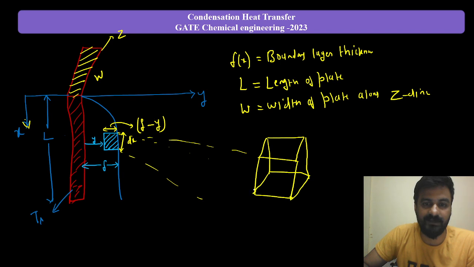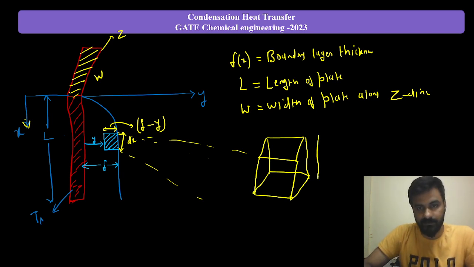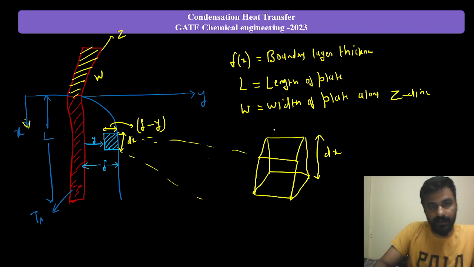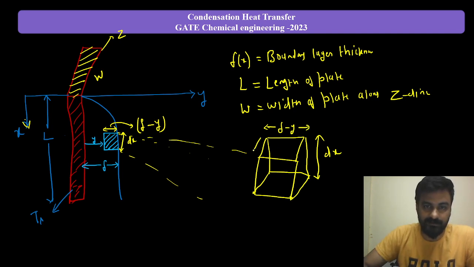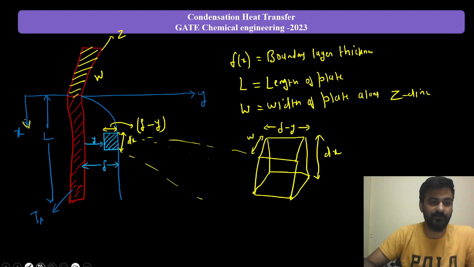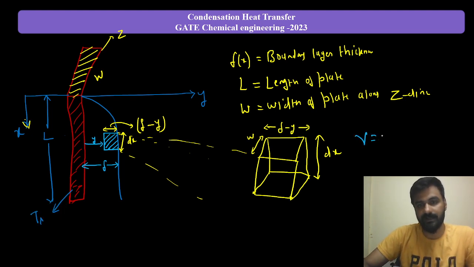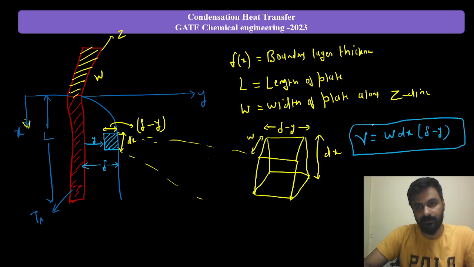The figure is not exact, but try to understand one thing. My dear students, this length is dx, and this one is delta minus y, right? And this one will be our w. So for this particular element, can I write the volume equal to w dx times delta minus y? Agree or not?